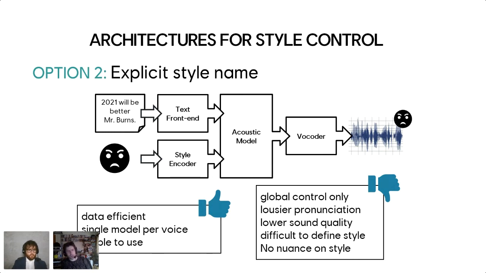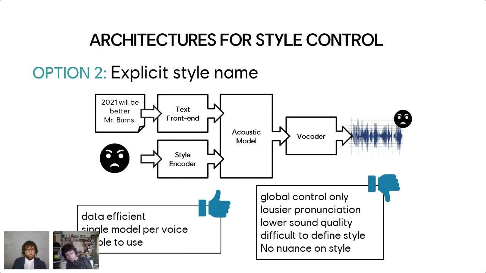In that case, it's more data efficient because you are leveraging all the other styles. Let's say you have a couple of angry, a couple of happy, a couple of whatever, to learn pronunciation and the base language, then you can use all of them. So in that sense, you are saving a little bit of data, but it's global control only.